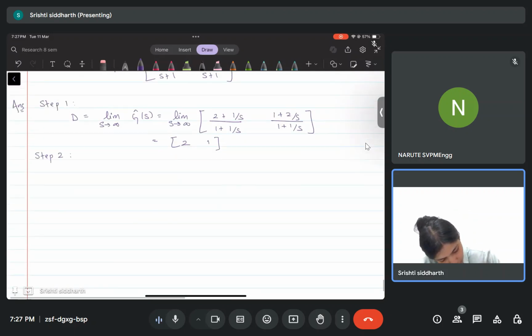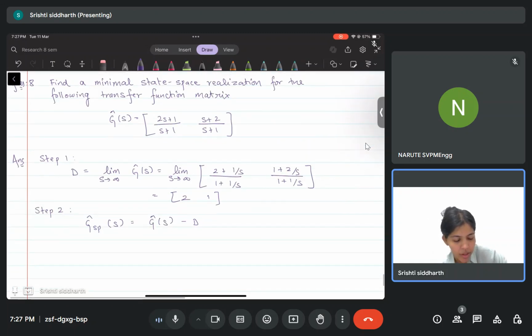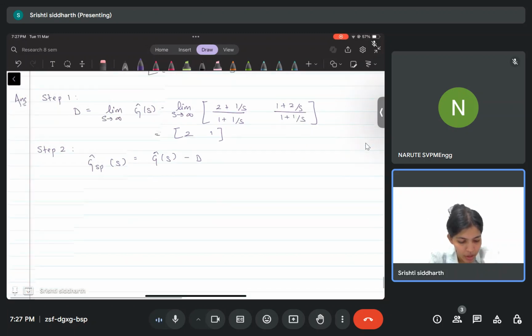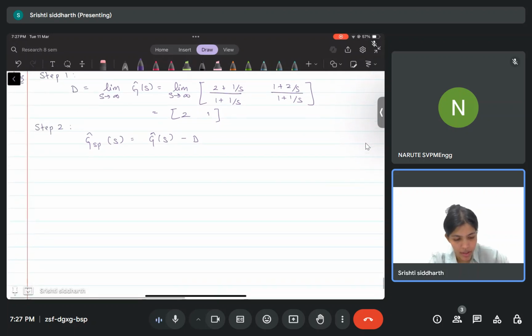Then step 2 is to write G hat strictly proper as G hat of S minus D. Because right now you can see that the degree of numerator and denominator are equal. So we have to convert this into a strictly proper transfer function. So we already know what this is and we have computed this.